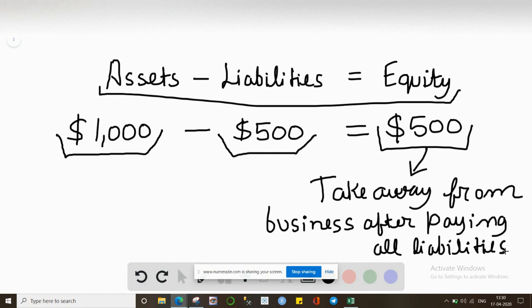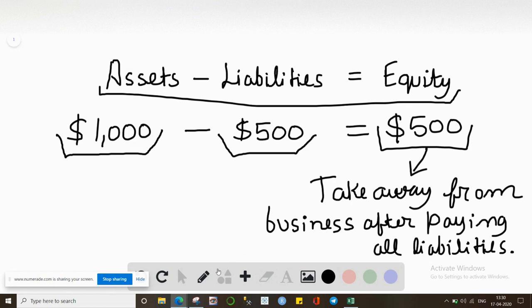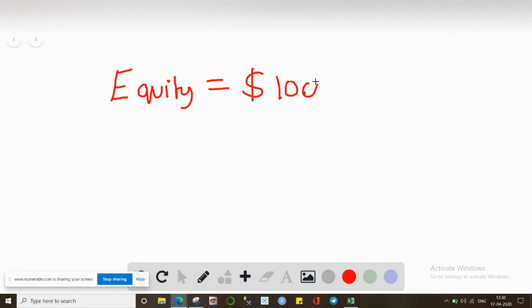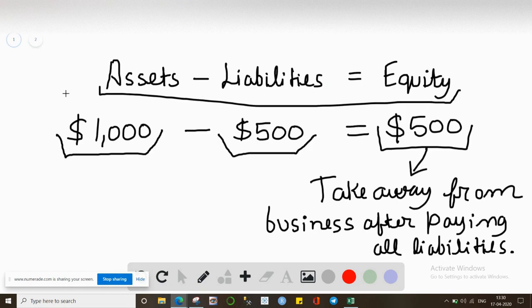Okay. Now let's move to our current problem. Suppose we have assets, liabilities and equity, which in the given case is $100,000. So the solution to the current problem will be based on the accounting equation we have just drawn.